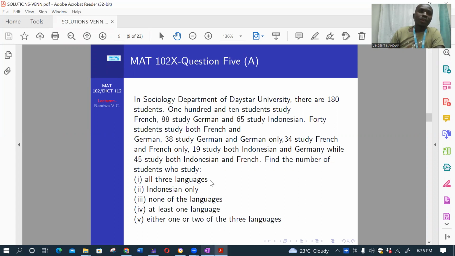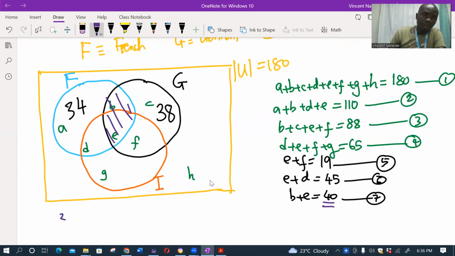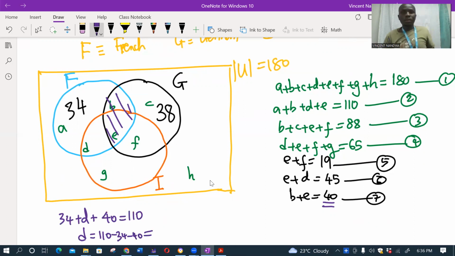So that means that if I take 34, add D, and add the summation of B and E, which is 40, I must always get 110. So D will be 110 minus 34 minus 40. So let's see, 110 minus 34 minus 40 gives us 36. So therefore, I fill here 36.